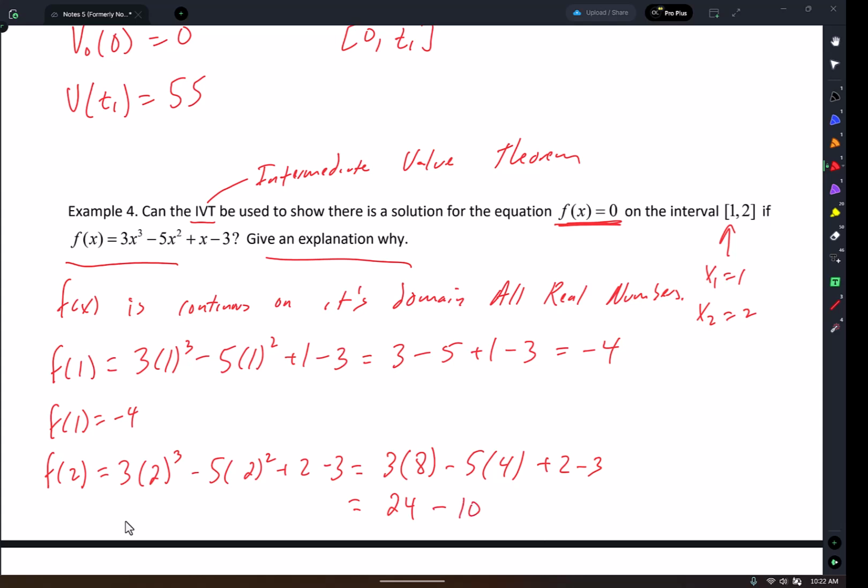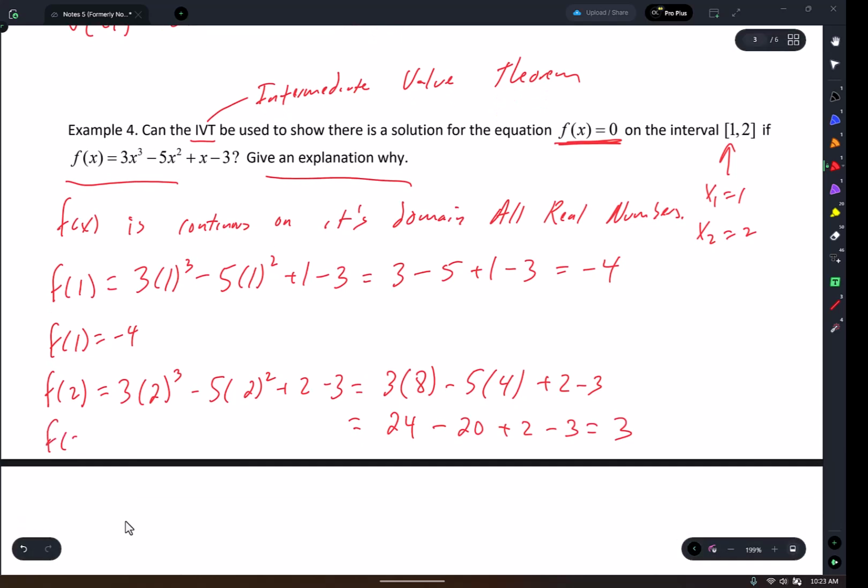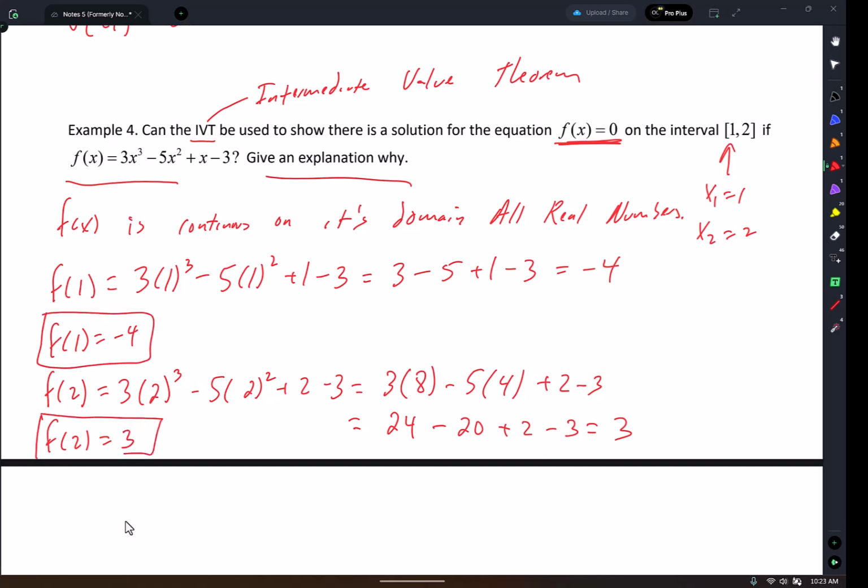Minus 10, minus 20. So that's 4 plus 2, so that's 6 minus 3, so that's 3. So I'm going to say right here that f of 2 equals 3. All right, focus on these two numbers right here. Did I cross the x-axis? Yes. How many? I don't know, maybe more than once, maybe twice, maybe 3 times. But I at least crossed it once.